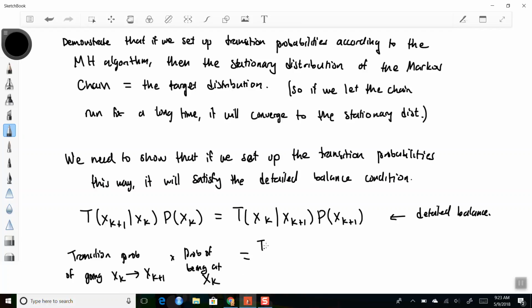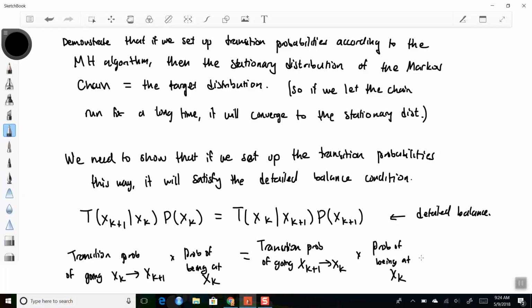This needs to equal the transition probability of going the other way, xk plus 1 to xk, times the probability of being at xk plus 1, right?